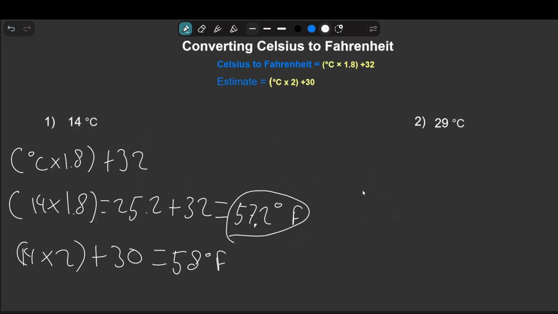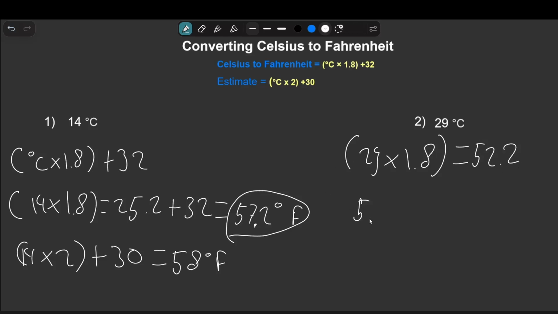We're going to use the two formulas again. So this time we're not going to write the formula because we can see it here. So we just immediately fill in the formula. 29, which is our degrees in Celsius, times 1.8. This will equal 52.2.